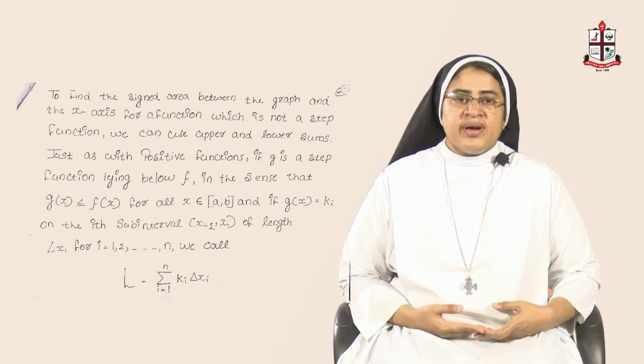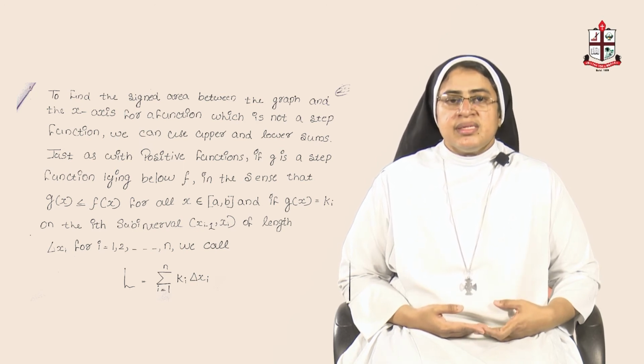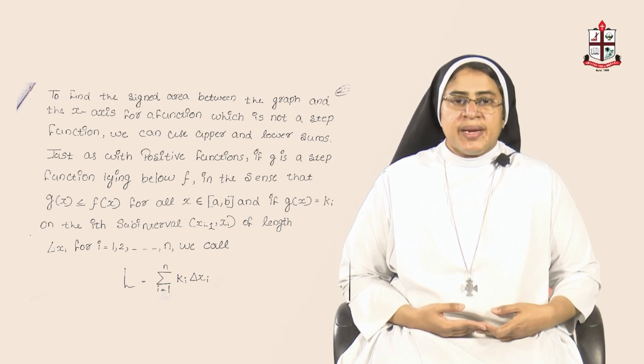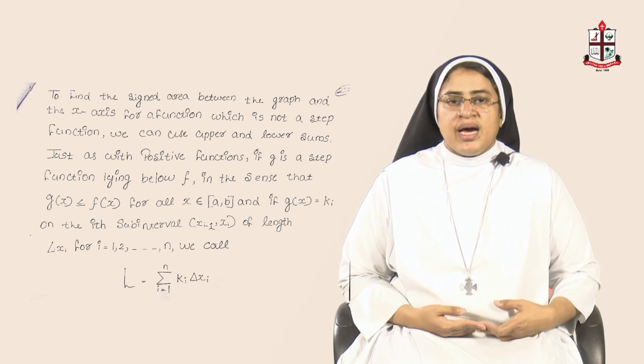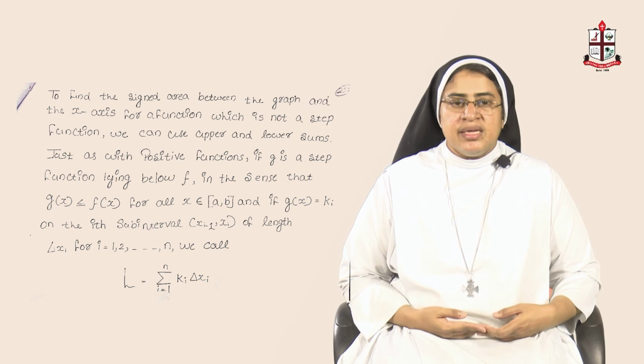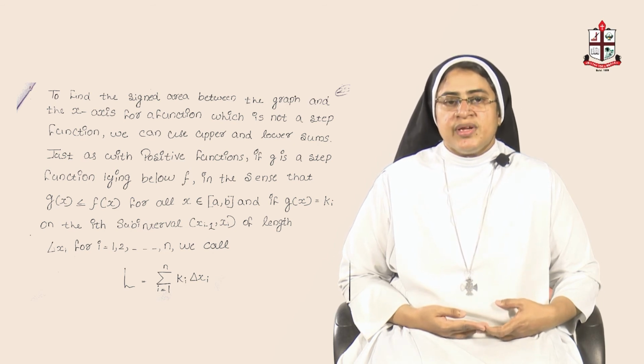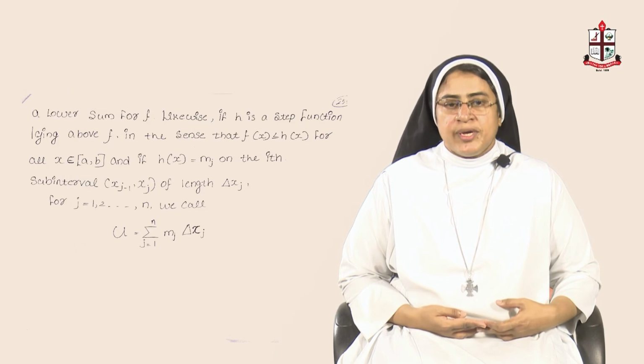If g is a step function lying below f, in the sense that g of x is less than or equal to f of x for all x in the closed interval [a, b], and g of x is equal to k_i on the ith subinterval [x_{i-1}, x_i] of length delta x_i for i equals 1 to n, we call L equal to the sum, i equals 1 to n, of k_i delta x_i, the lower sum for g.